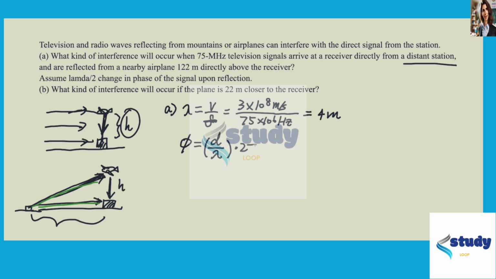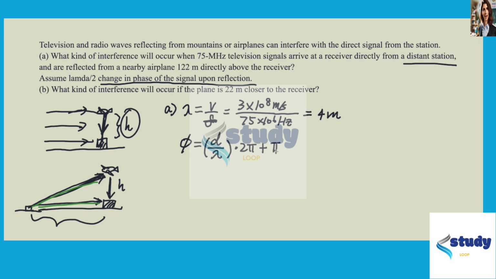Then we multiply it by 2 pi, because one wavelength corresponds to a phase shift of 2 pi. Then we assume a change in phase upon reflection. That means when the wave is reflected from the airplane, it experiences a phase shift of pi.